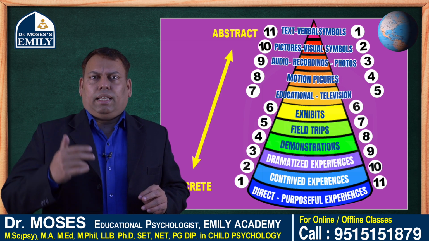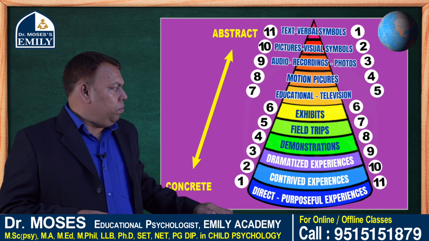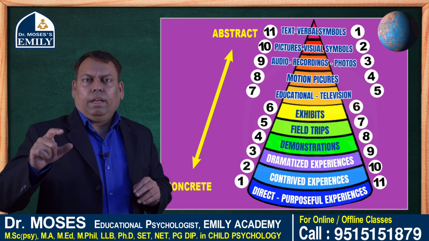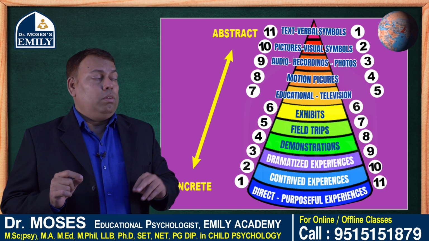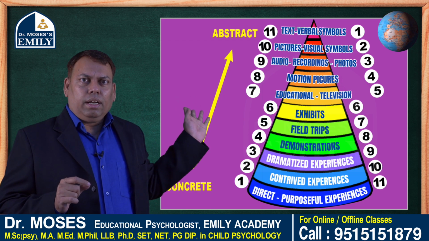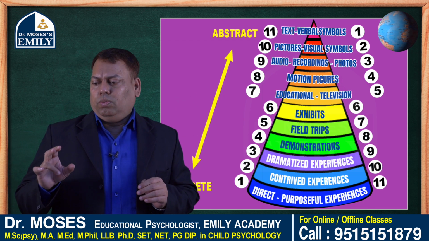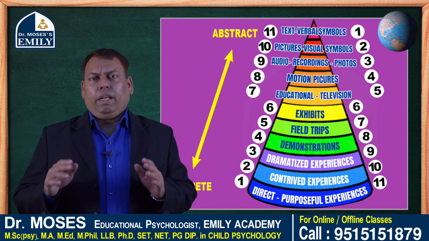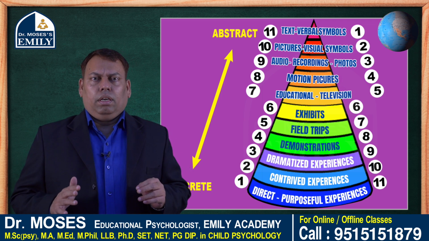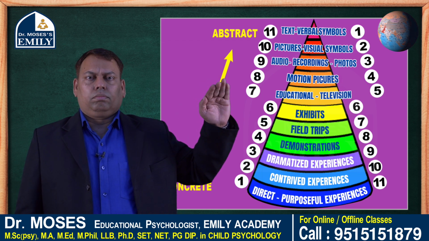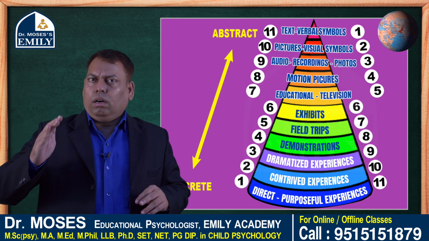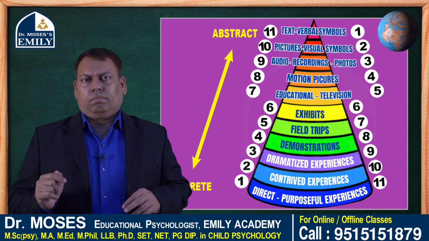If a question lies like this, from bottom to top, the 5th learning experience, answer is field trips. From top to bottom, the 2nd learning experience is visual symbols. Sometimes a question lies like this. In Edgar Dale cone of experience, from bottom to top, experiences are concrete to abstract.